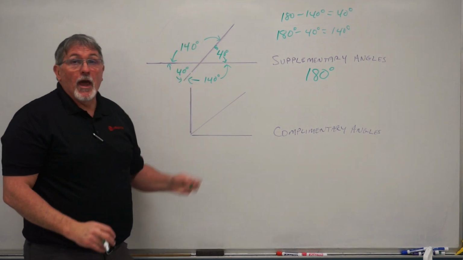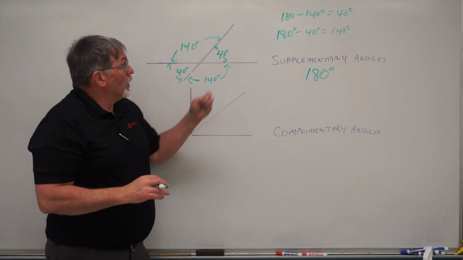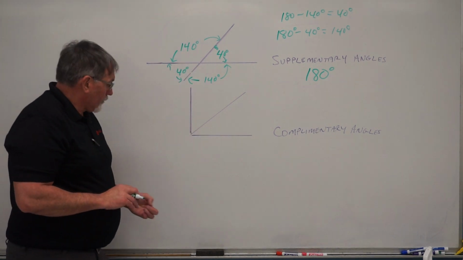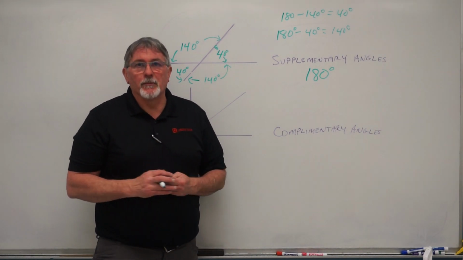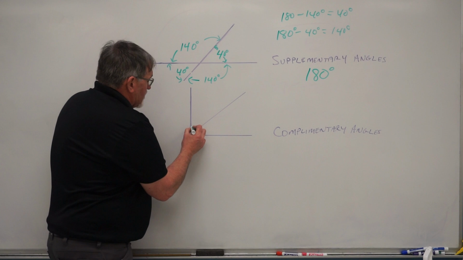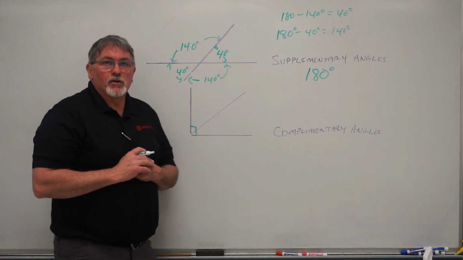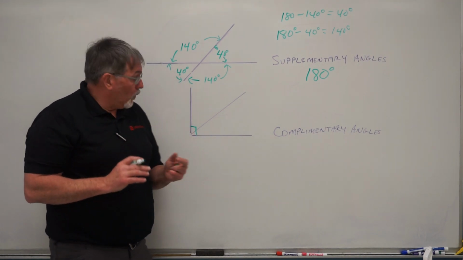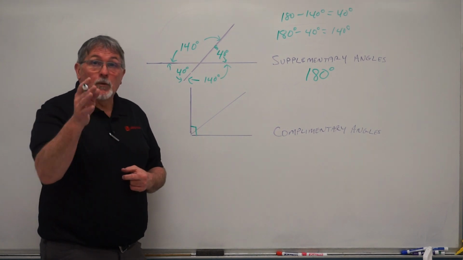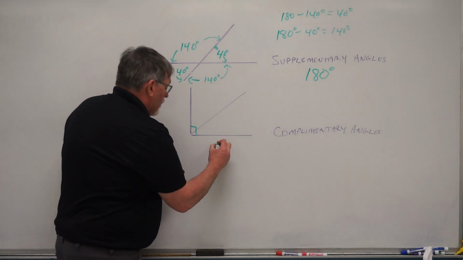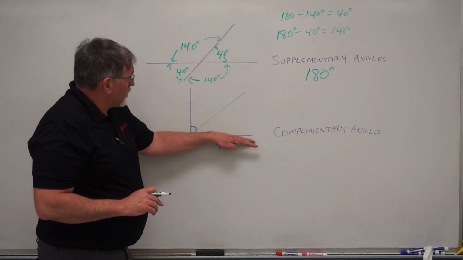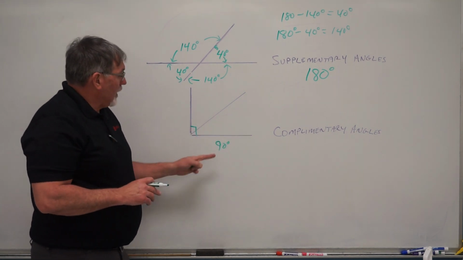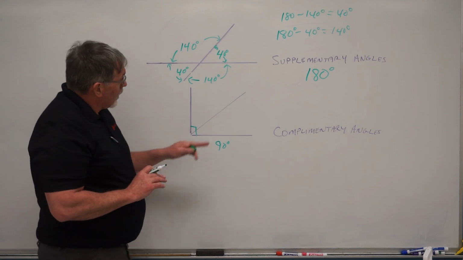So that's finding an unknown angle when we know one known angle, okay? Our second problem is called a complementary angle. It's really the same thing, but it deals specifically with right triangles or right angles. We know that a right angle equals how much? That's right, it's 90 degrees. So from this line to this line is a 90-degree angle.